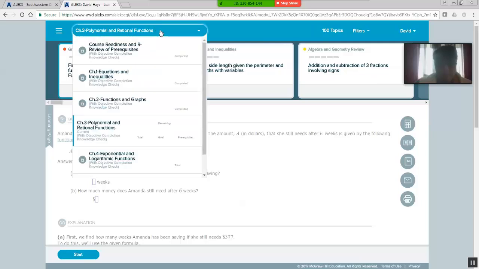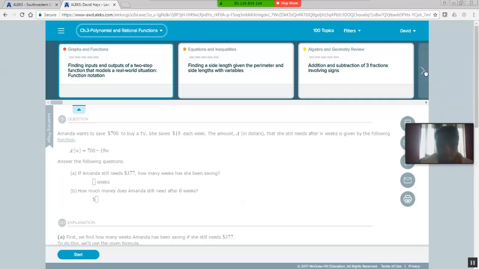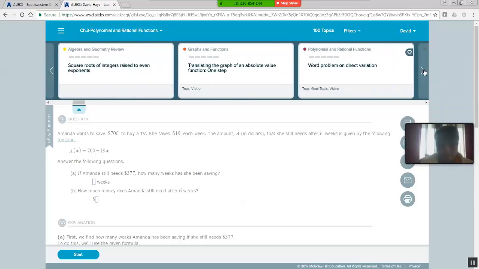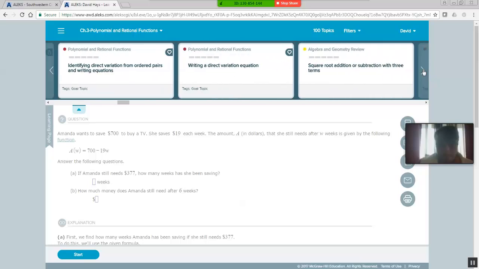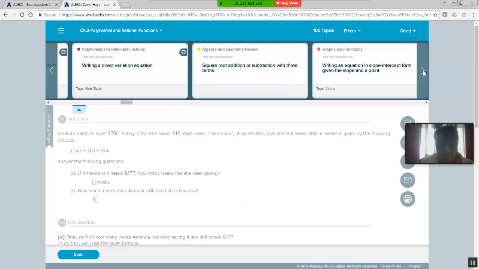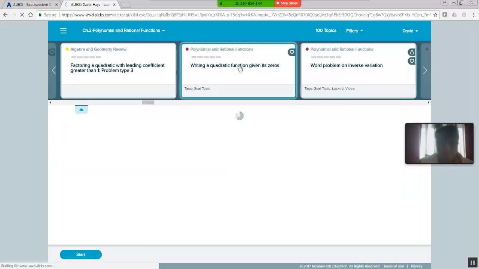Polynomial and rational functions. Just looking for one I could do real quick. This one should be a quick one.